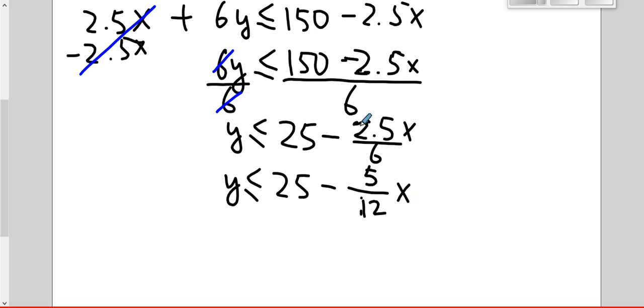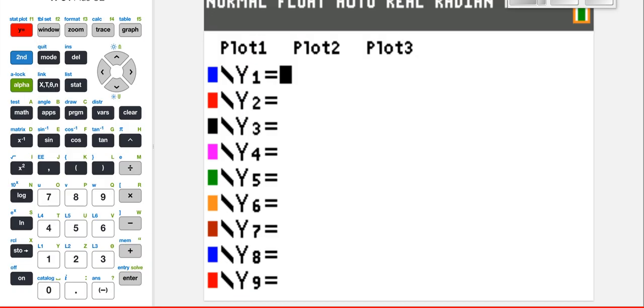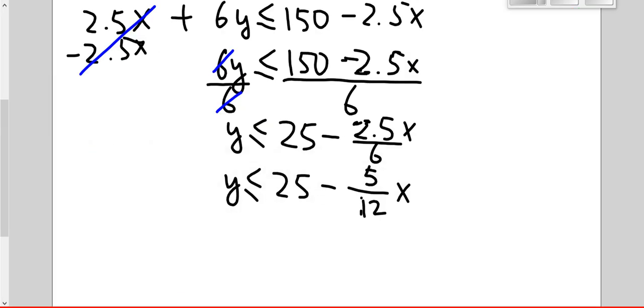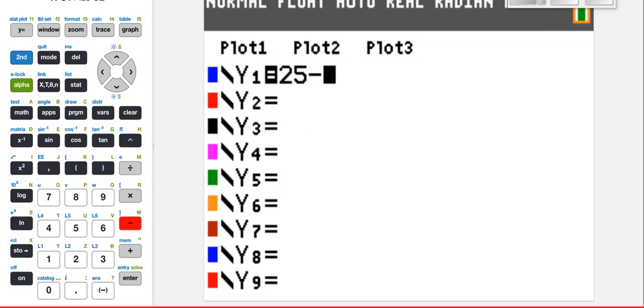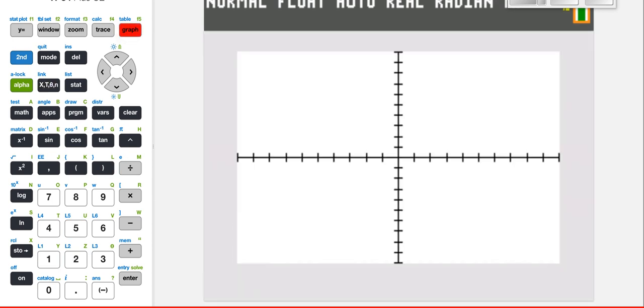So your calculator is smart enough that if you plug this into your graphing calculator, it will still work. Okay, so graph.